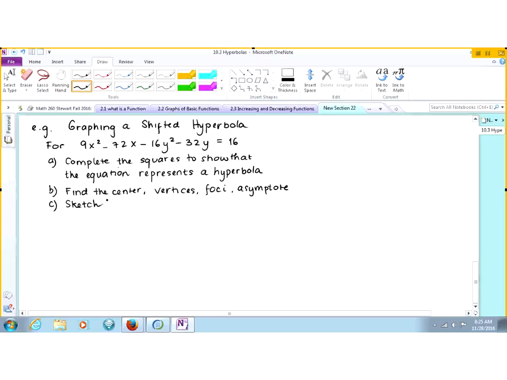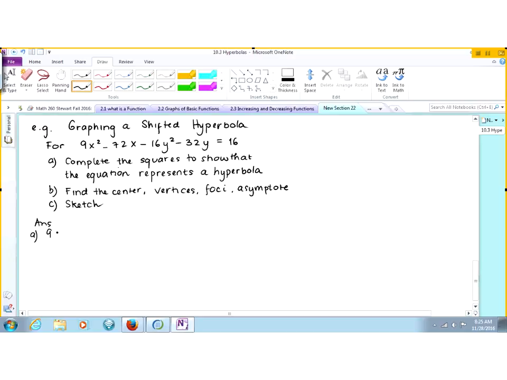Okay, so let's go to the next one. Let's see. What should we do first? Any idea? Complete the square. So we're going to combine the x with the x, right?